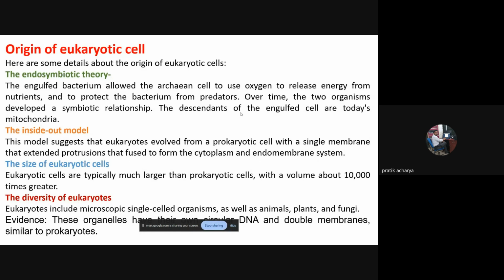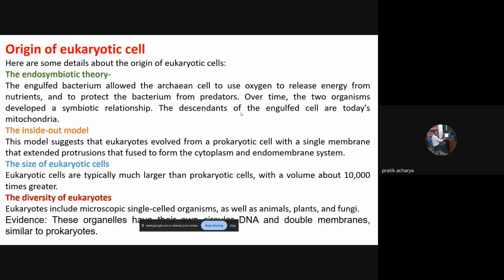So we can take some evidences in support of endosymbiosis. Evidence means the proofs. Mitochondria and chloroplast have their own DNA. Though they are present inside the cell and considered cell organelles, they still have their own genetic material, separate from nuclear DNA.